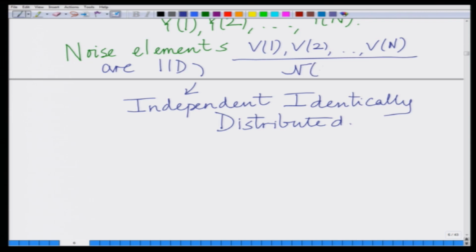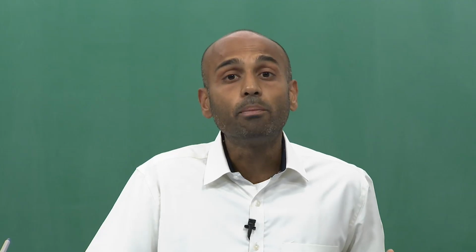That is what we already assumed, that is, they are Gaussian with mean 0, variance sigma square, and also they are independent.